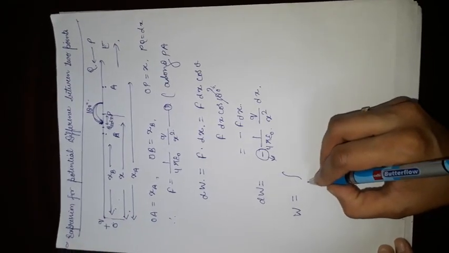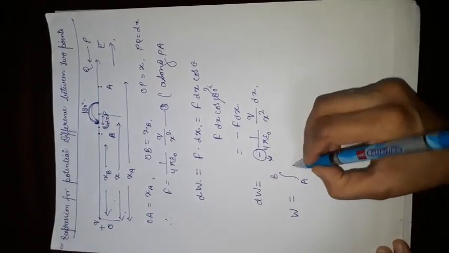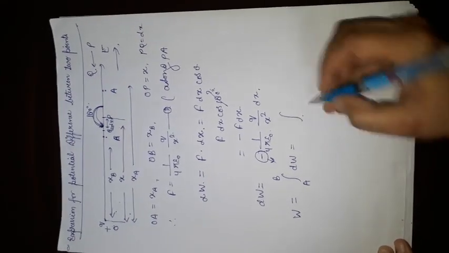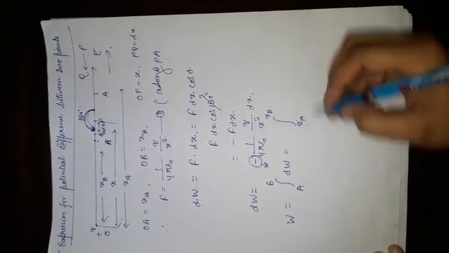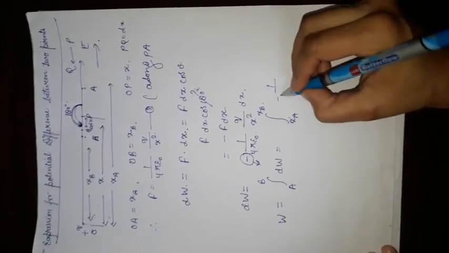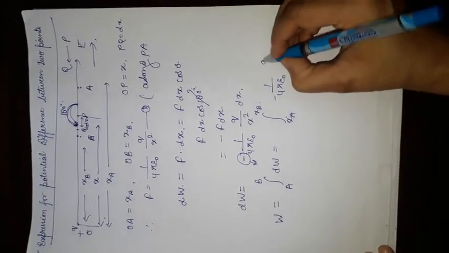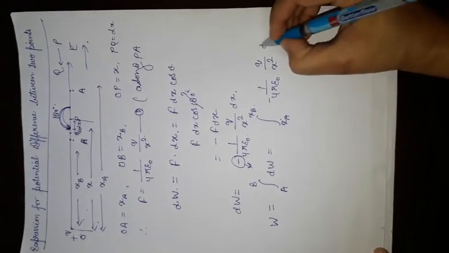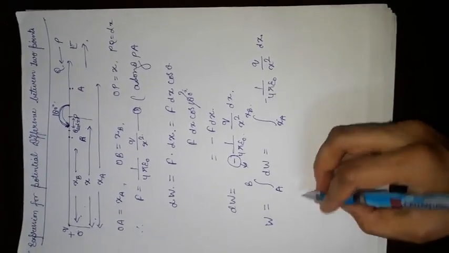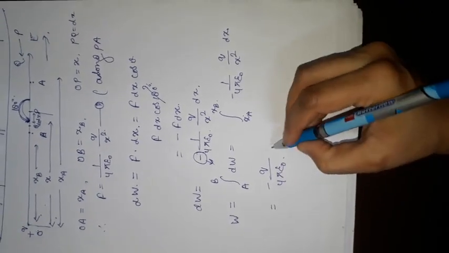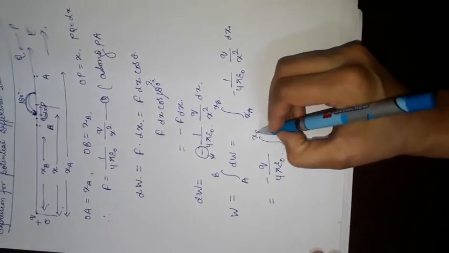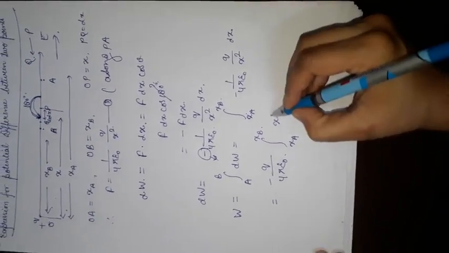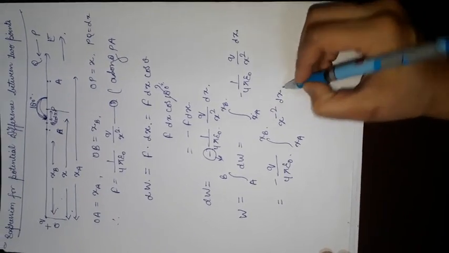we will integrate dW with limits A to B. So XA to XB, as we have considered, minus the value of dW, which is 1 over 4 pi epsilon naught Q over x square dx. Mathematically we will solve it. Q over 4 pi epsilon naught, integrate xa to xb limit, or we can write x to the power minus 2 dx.